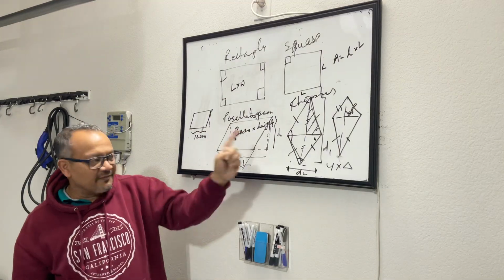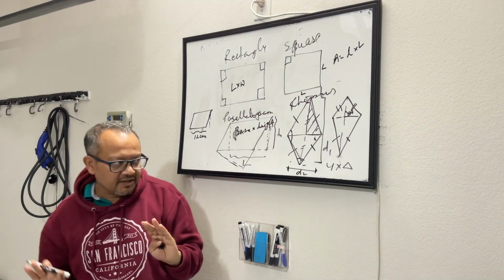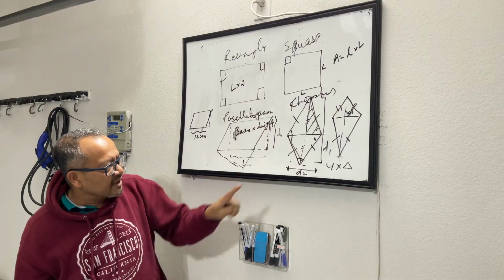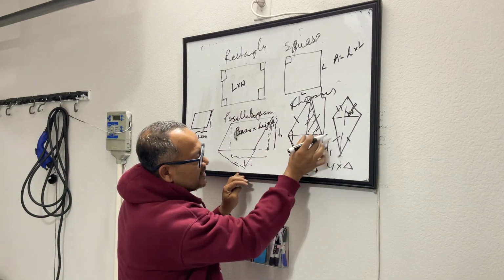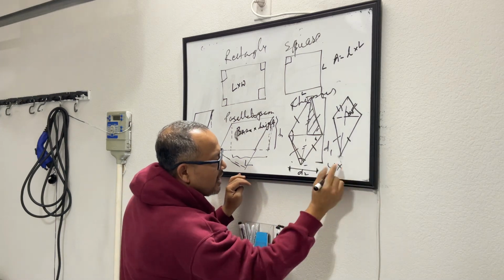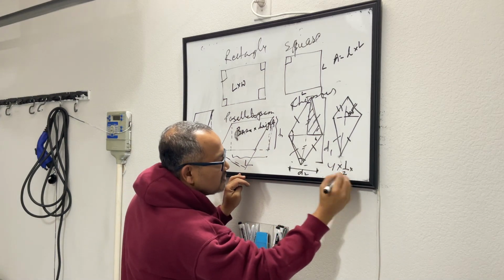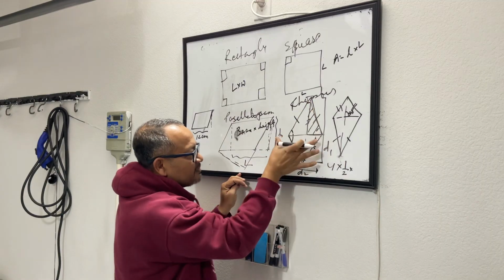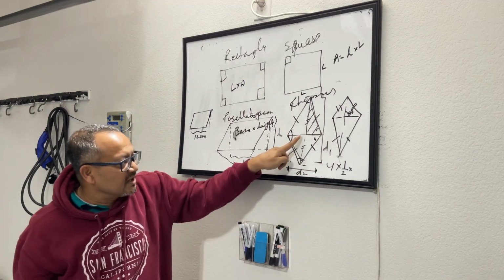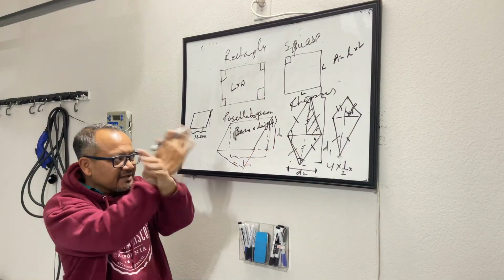Okay. So half into base into height. Very simple. You know that, right? Now half into base. If this is my base, what is it? As I said, these diagonals are perpendicular bisectors, meaning they meet at a point where they bisect each other.